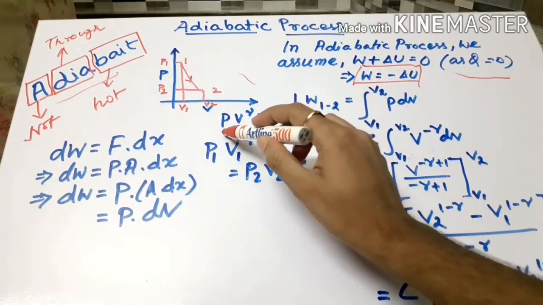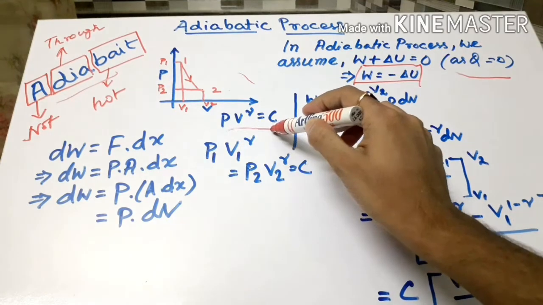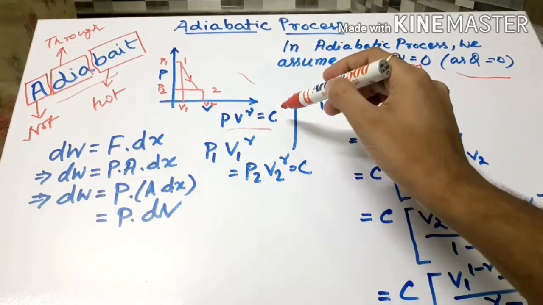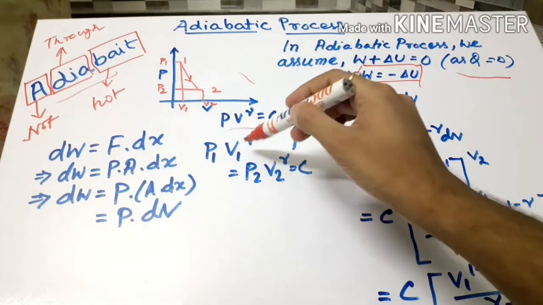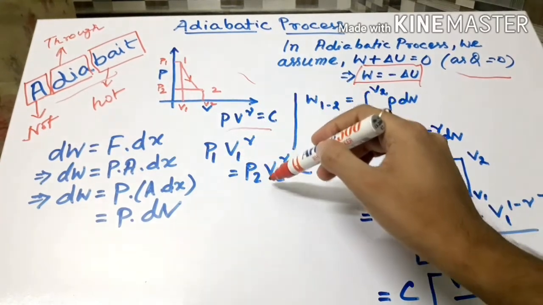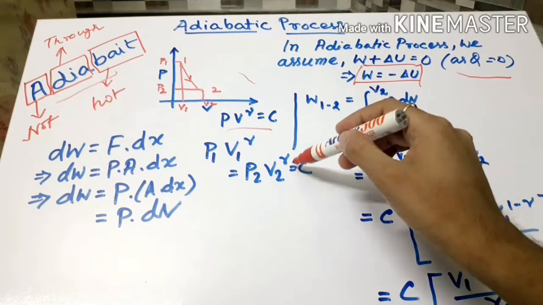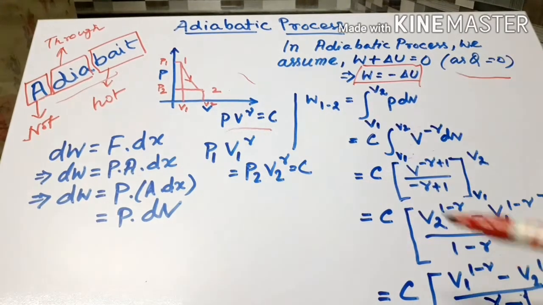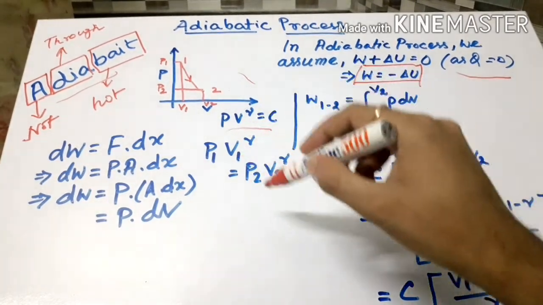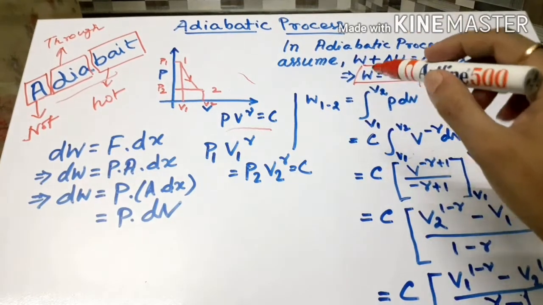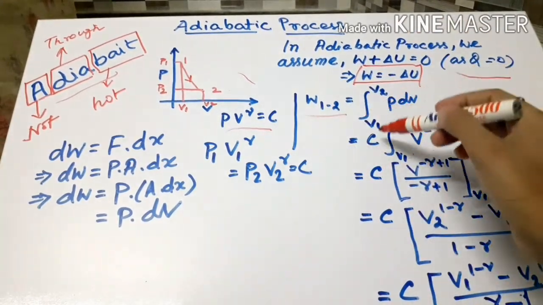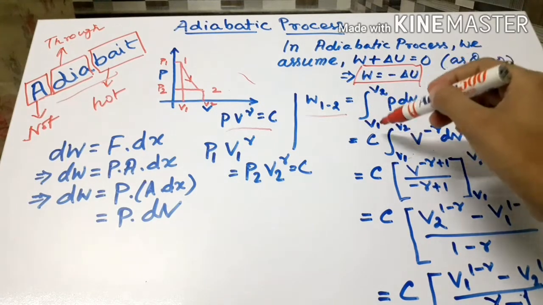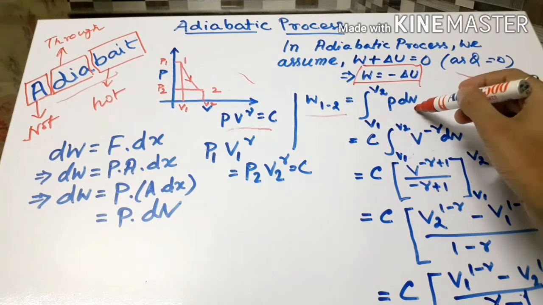In adiabatic process, PV to the power gamma is equal to constant. So we can say P1 V1 to the power gamma is equal to P2 V2 to the power gamma is equal to constant. We are going to apply this in our work derivation. In the equation of work we get the integration from V1 to V2 of P dV.